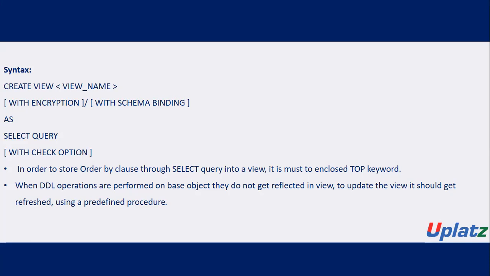In order to store an order by clause through a select query into a view, it is a must to enclose it with the top keyword. Suppose you want to use an order by clause in the select query, then it must be used with the top keyword. This one we have to remember.